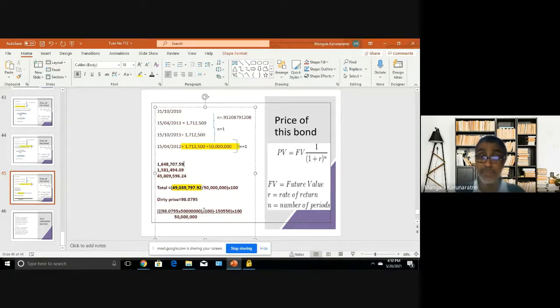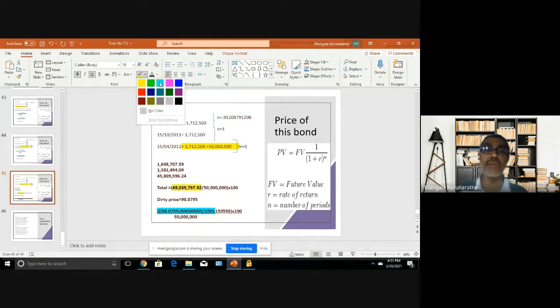So since we have already multiplied here, we divide by 100. So now this portion which I highlight in light blue is the purchase consideration of this bond. That is the dirty price of this bond.